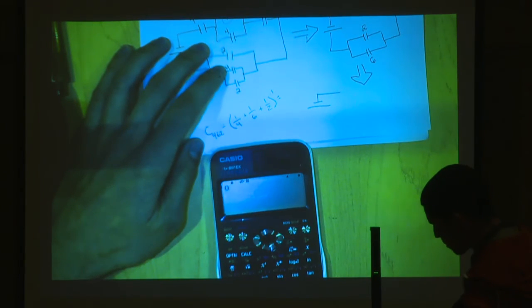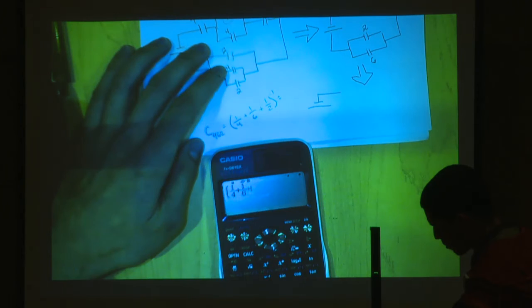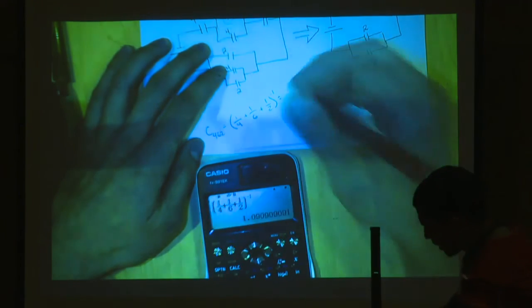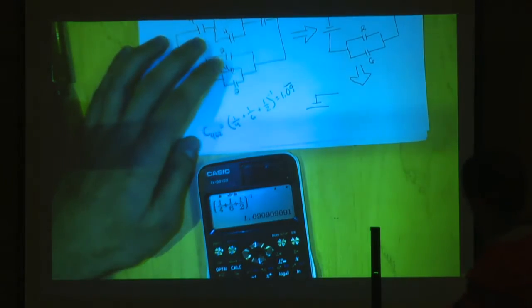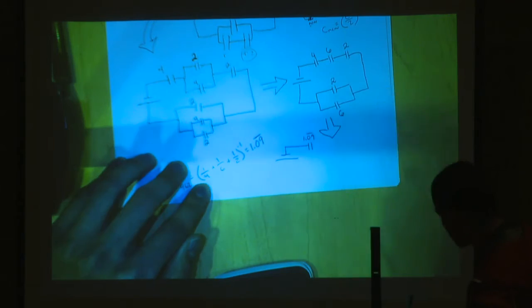So we'll have 1 divided by 4 plus 1 divided by 6 plus 1 divided by 2, close parentheses, to the power of negative 1, and then we get 1.09, and then that's repeating, right? So I'll have over here 1.09 repeating.